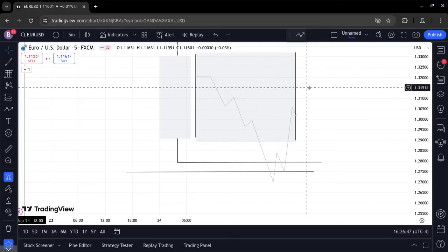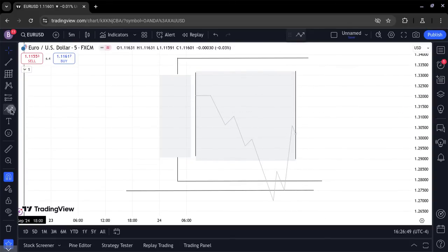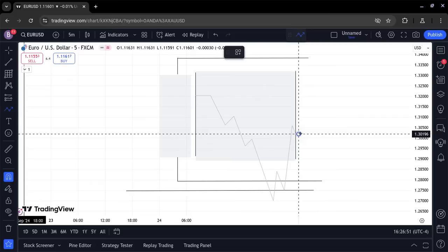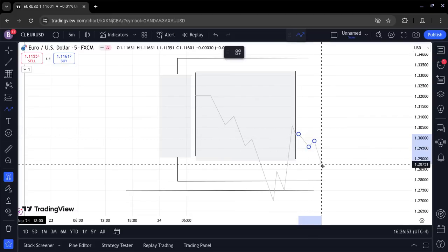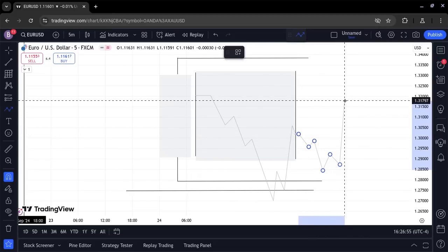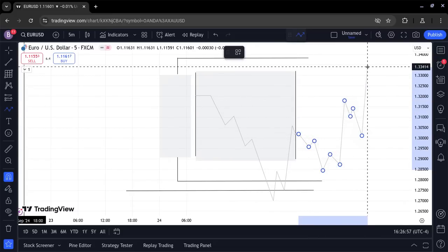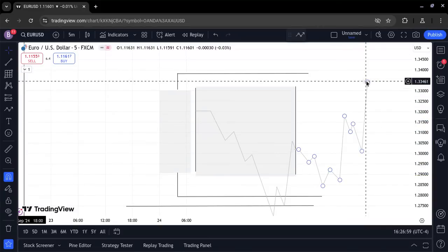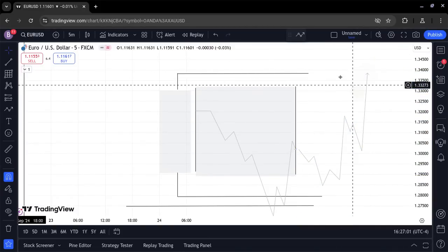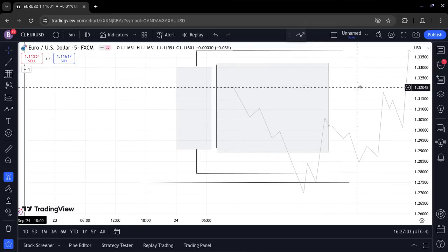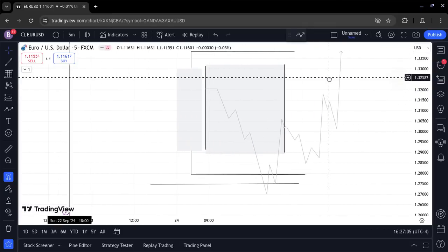This is the 9 a.m. candle. After that, of course, you are waiting for an OTE and then the kiss of death and then the expansion towards the high. All right, this is the whole scenario of the whole model.